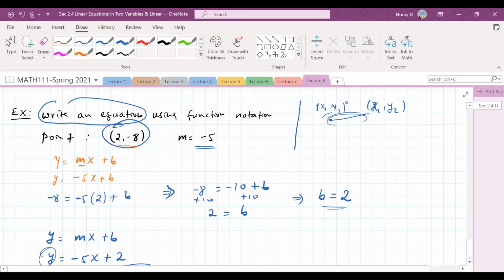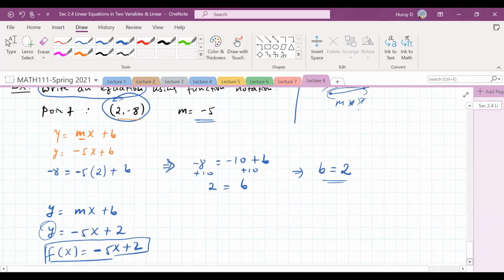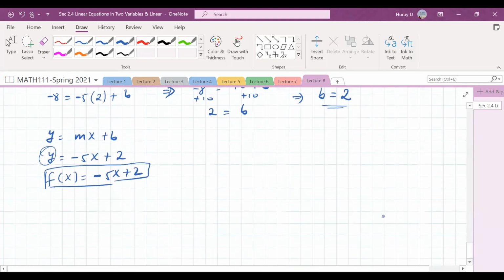Another case is when we need 1 point and a slope. In this case, we don't need the slope. So this is how we can find the equation of a function. And as you can see, this is a linear function.